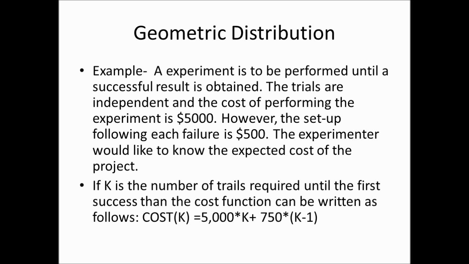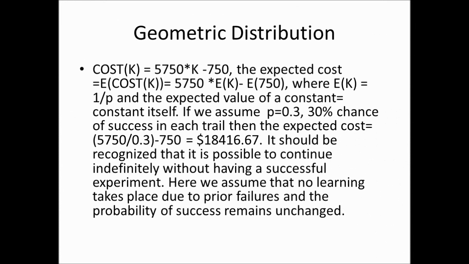If k is the number of trials required until the first success, then we had k minus 1 failures followed by success on the kth trial. So the cost function is 5,000 times k, because we have to perform the experiment k times, and we have one less setup, so 500 times (k minus 1). That's the cost function: cost of performing the experiment plus cost of setup. So the cost function can be written as 5500 times k minus 500.